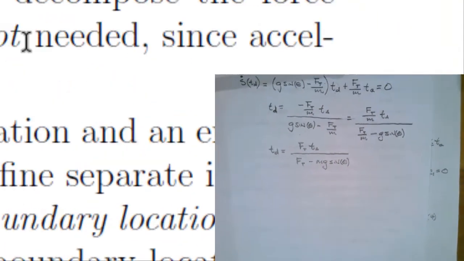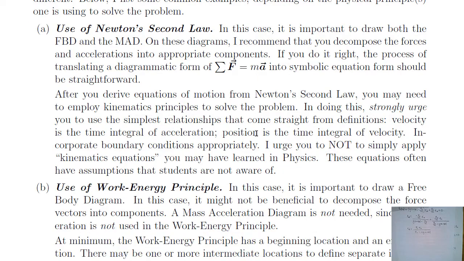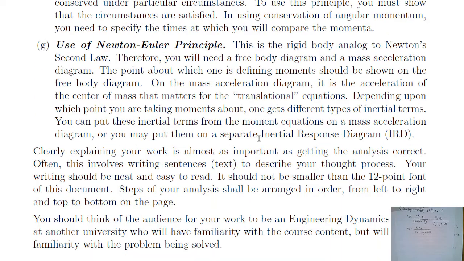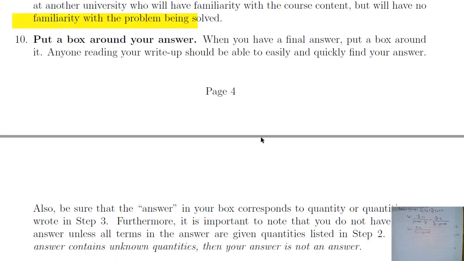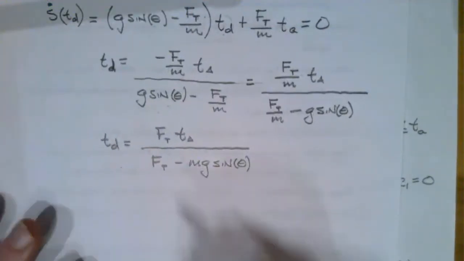Okay, we're still not done yet, by the way. I've got an answer. Let's look at my problem-solving checklist again. Here's where I was supposed to be showing my work. I think I showed my work pretty well. It's quite a bit of work here. Let me scroll down. It says when I have an answer, I should put a box around the answer. Yes, absolutely. Whenever you have an answer, you should box it.